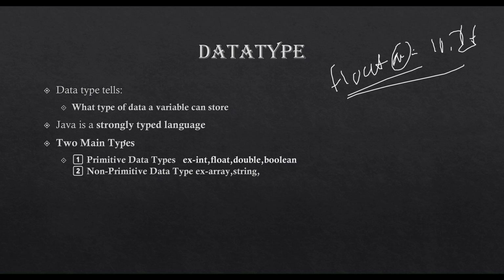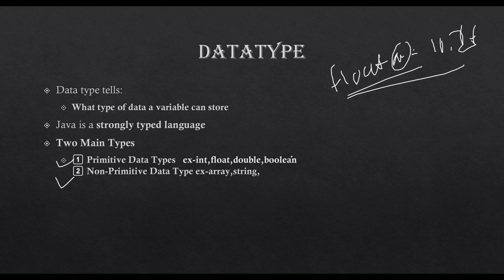Basically there are two types of data type. One is primitive and another is non-primitive. What are the primitive data types and what are the non-primitive data types? I will explain. Primitive data types are the basic foundation of our data types, including int, float, double, boolean.